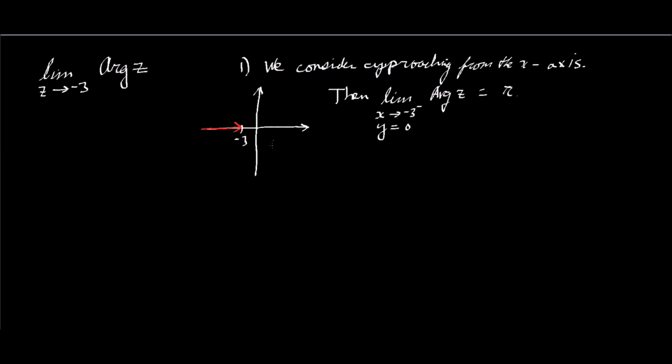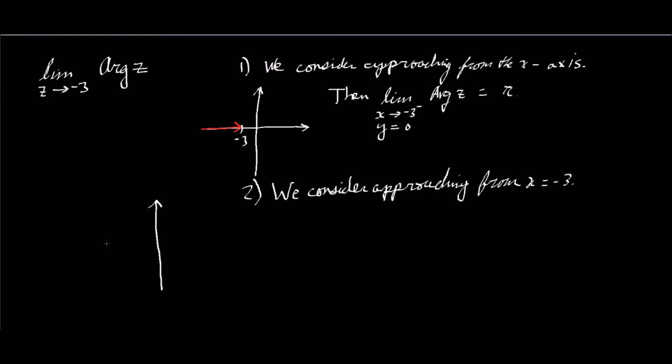Secondly, we're going to consider approaching from x equals -3 and from the downward direction. Again, pay careful attention to this notation.